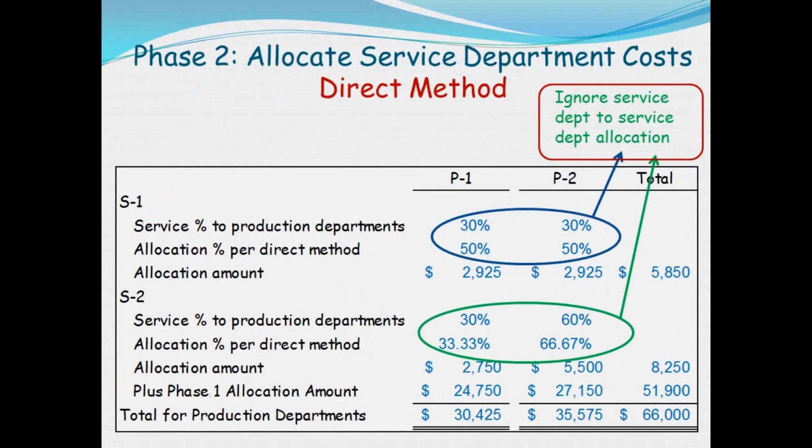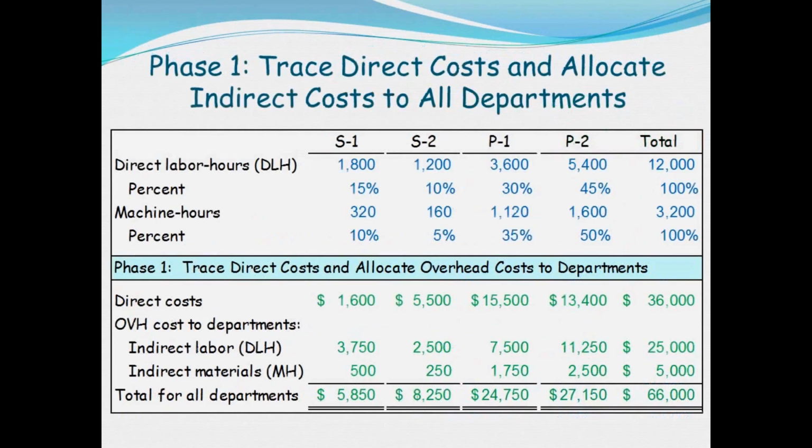First, we'll do the direct method, the easiest way to do it. The direct method essentially says, let's forget about the service departments allocating to each other. Let's ignore it, throw it away. And that's all we're doing.